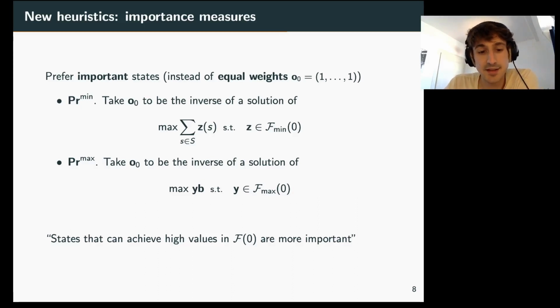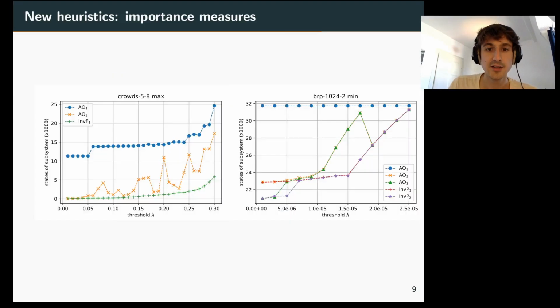And states that have low values here are expected to be less important, and are more likely to be pushed out, basically. So they get higher weights in the minimization. And this works quite well.